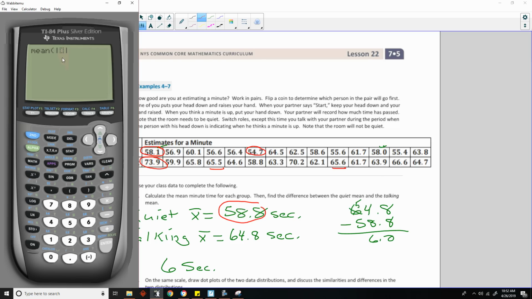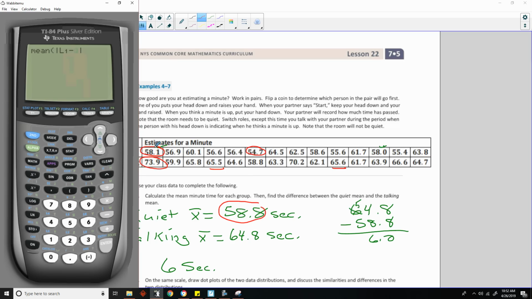Well, what am I taking the absolute value of? The difference of every single x from the mean. So I'm going to take the mean of L1. So I want to take the mean of L1 minus the mean of L1.